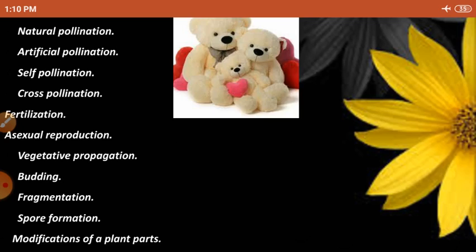Here the root also does the root work. What is the root work? It carries water and minerals from the soil. It does the usual work of the root, and it also stores food in the root, which is what we often consume. So this is called modification of a plant.